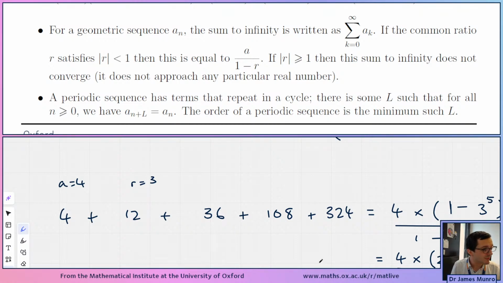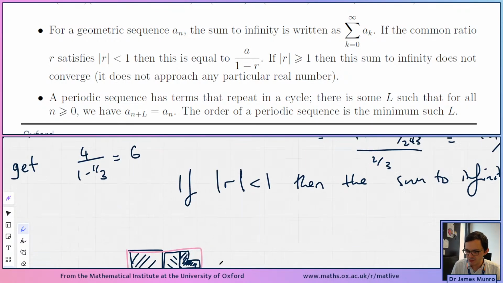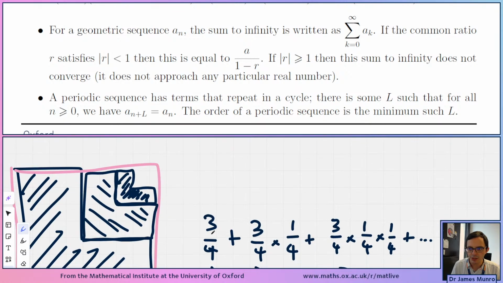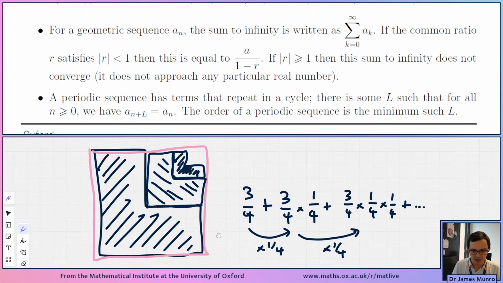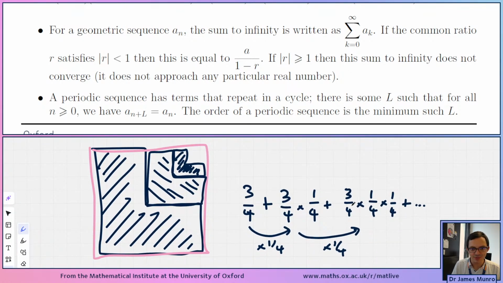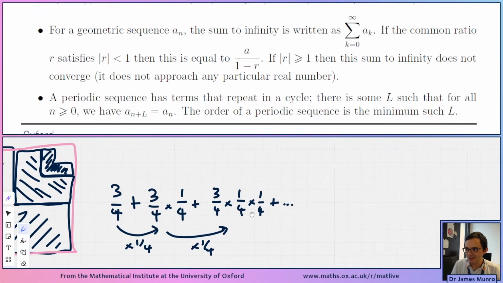With the formula for the sum to infinity, the L's give 3, I think it's going to give exactly 1. I'm imagining that my square started with side length 1, so I'm hoping that this geometric sum gives 1 as well. Let's try the formula. So the formula says 3/4 divided by 1 minus r. Good, that really is 1. Okay, good.